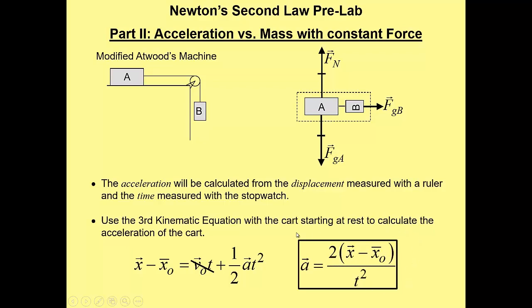And so this is the equation you can use to calculate your acceleration. Measure the displacement with the ruler. It's actually going to be 0.40 meters every time. And measure the time with the stopwatch. Don't forget to square it. That's a common error. Don't forget to square it. And then calculate your accelerations. And then you'll be able to make a graph of acceleration versus system mass with constant force.